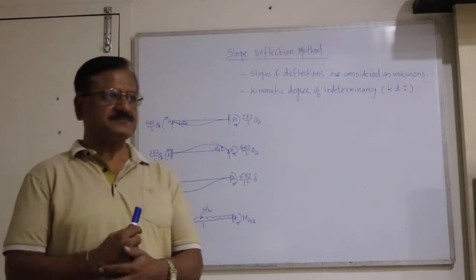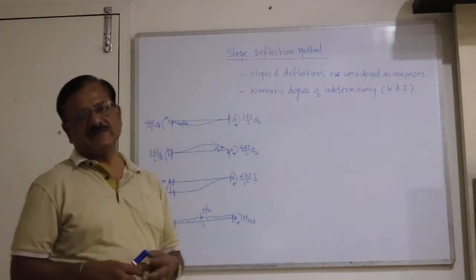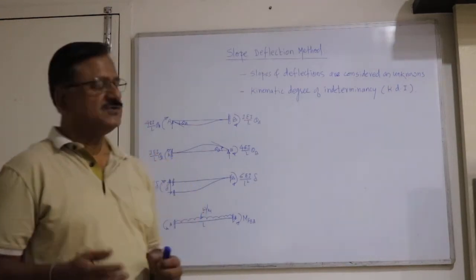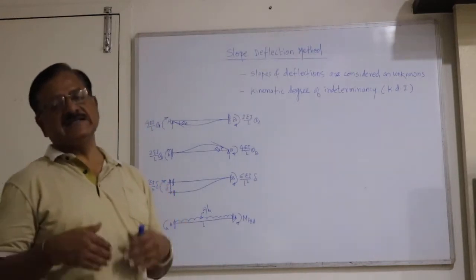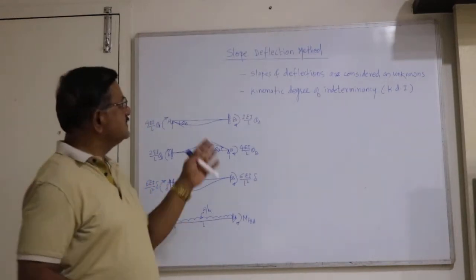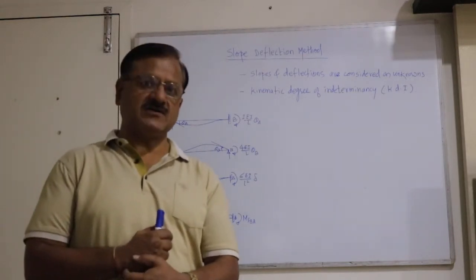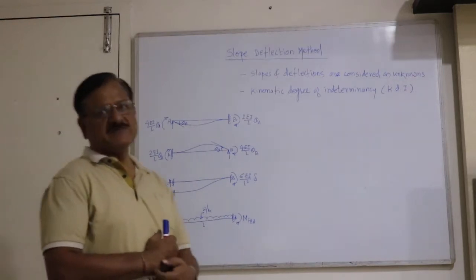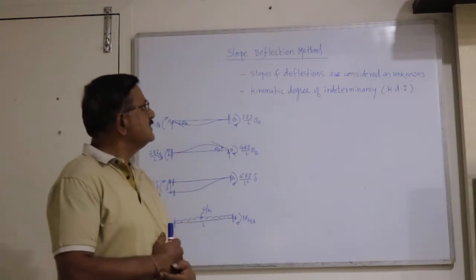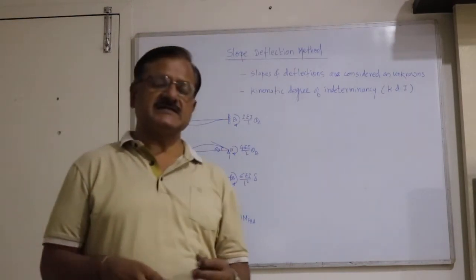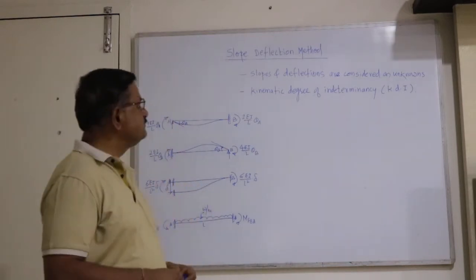Now basically the slope deflection method is a displacement type method. Later on we are going to study in detail force methods and displacement methods in the next unit. Both slope deflection method and moment distribution method are of displacement type or stiffness type. Once you understand the slope deflection method, you will understand moment distribution method as well as the stiffness method also.